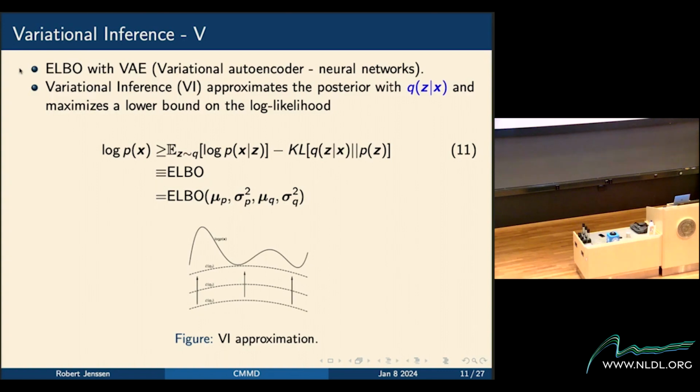It is because we'll parameterize the distribution p of x given z by a neural network, and q of z given x by another neural network. The q part will be the encoder, and the p part will be the decoding step.